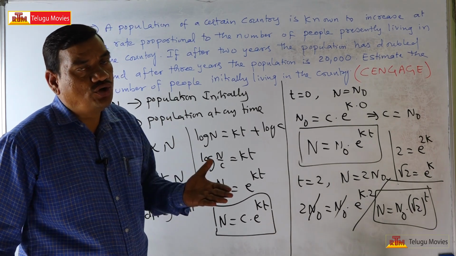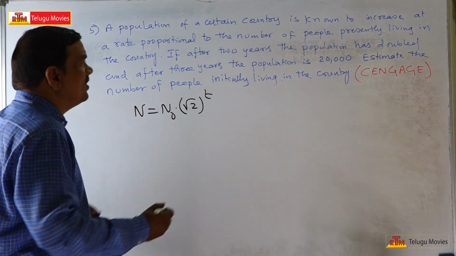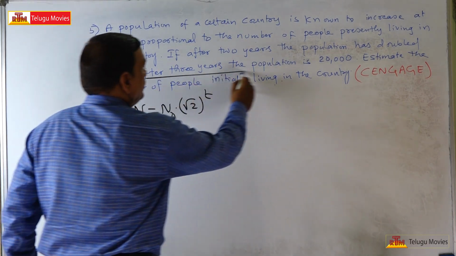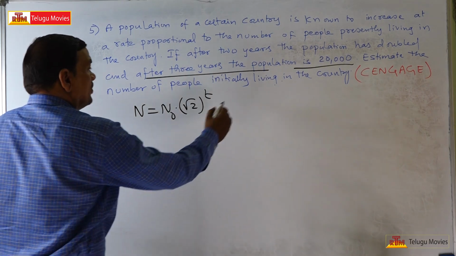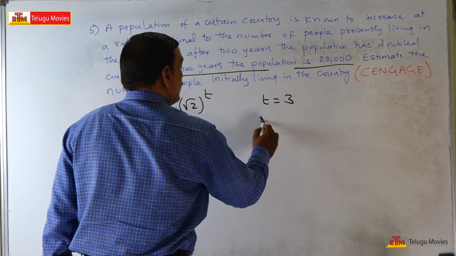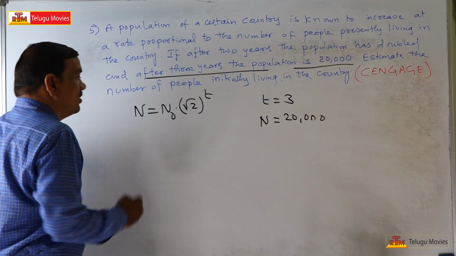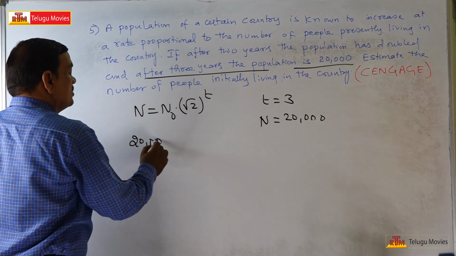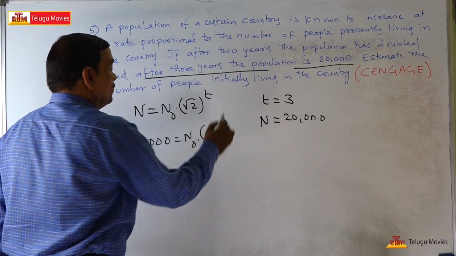Okay, let us continue the solution. Dear students, welcome to the remaining solution. So the last data is, after 3 years, the population is 20,000. When t is equal to 3, your population is 20,000. Substitute here. 20,000 is equal to n naught into root 2 whole cube.